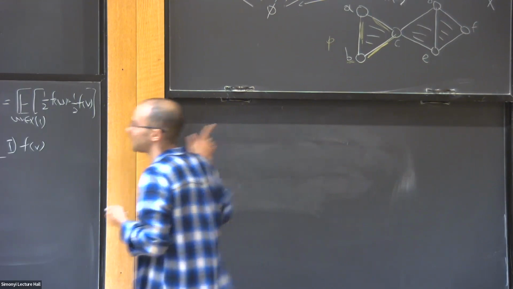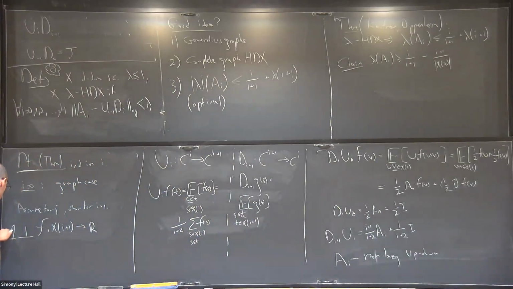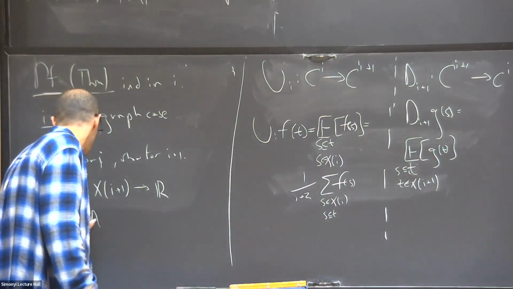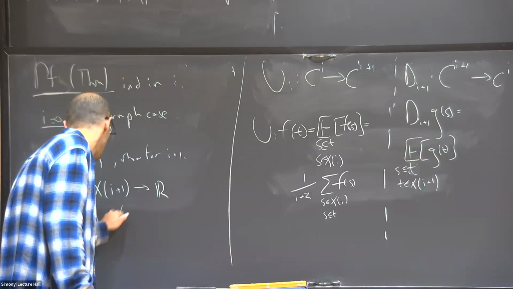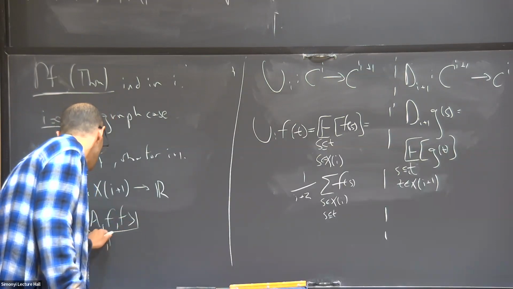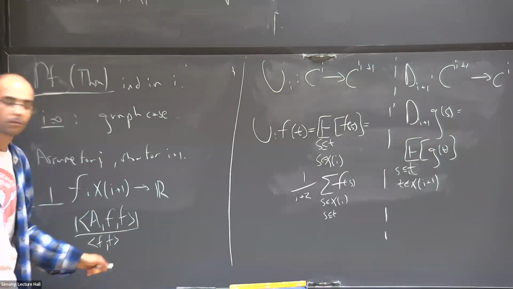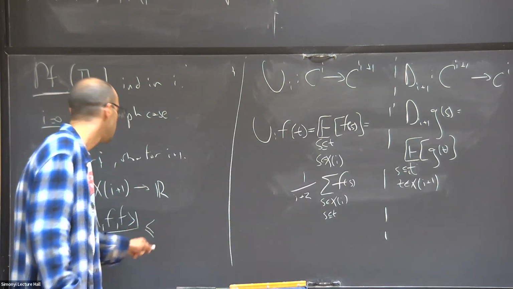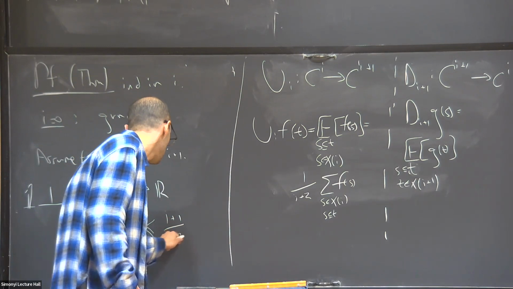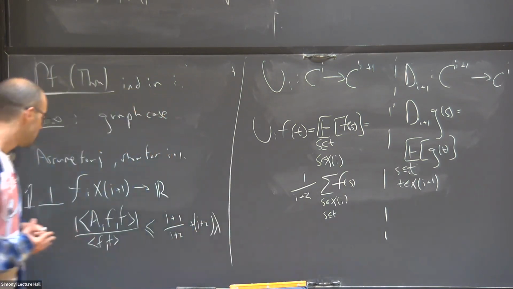Never mind, I will remind this. So I need to take a function that's perpendicular to the constant functions, and I need to show that the random walk operator, the adjacency operator on F, inner product F, is less or equal to (i plus 1) over (i plus 2) plus (i plus 2) lambda.